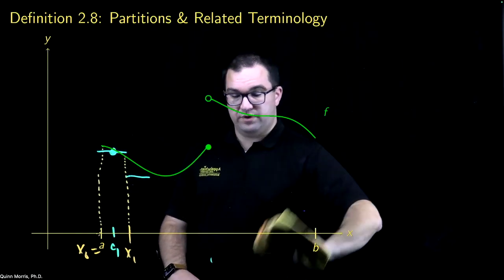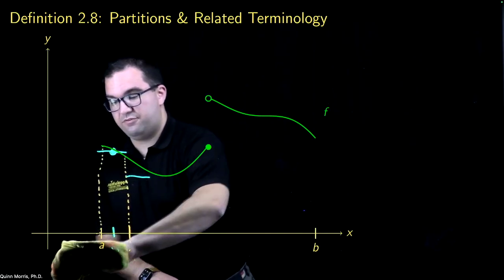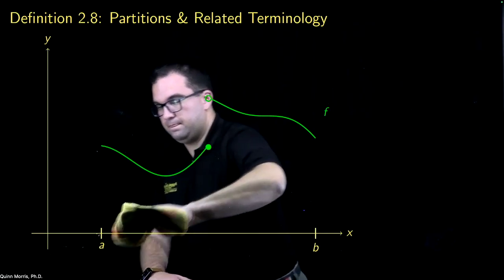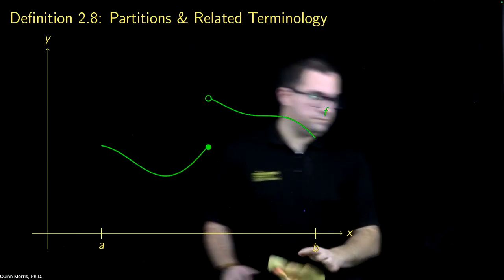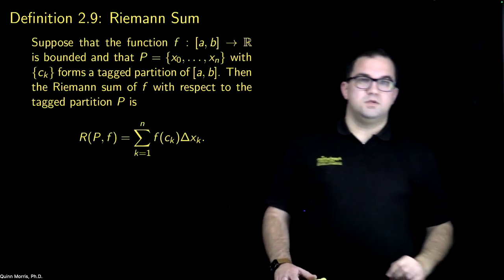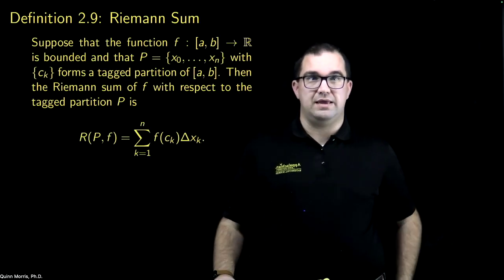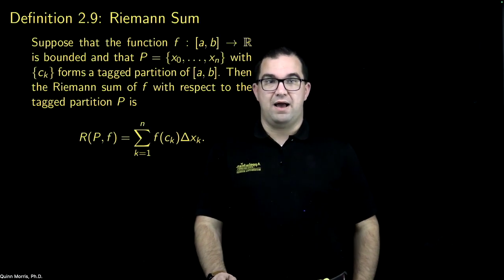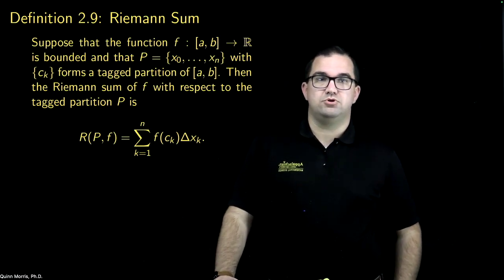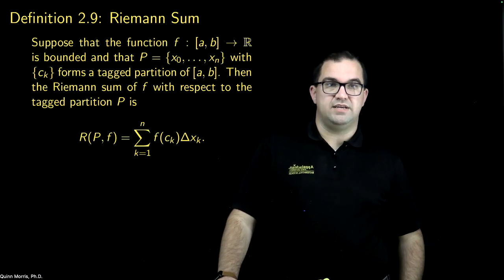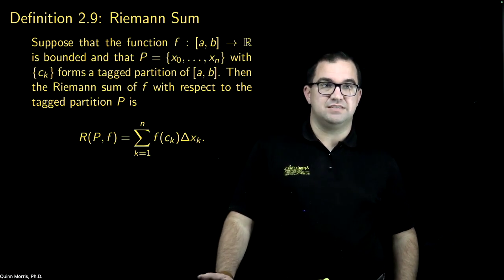Given that we have all these moving parts now, let's actually define that Riemann sum. Suppose we have a function f which maps from [a, b] into R, which is bounded. And imagine that P is a partition with tags c_k.